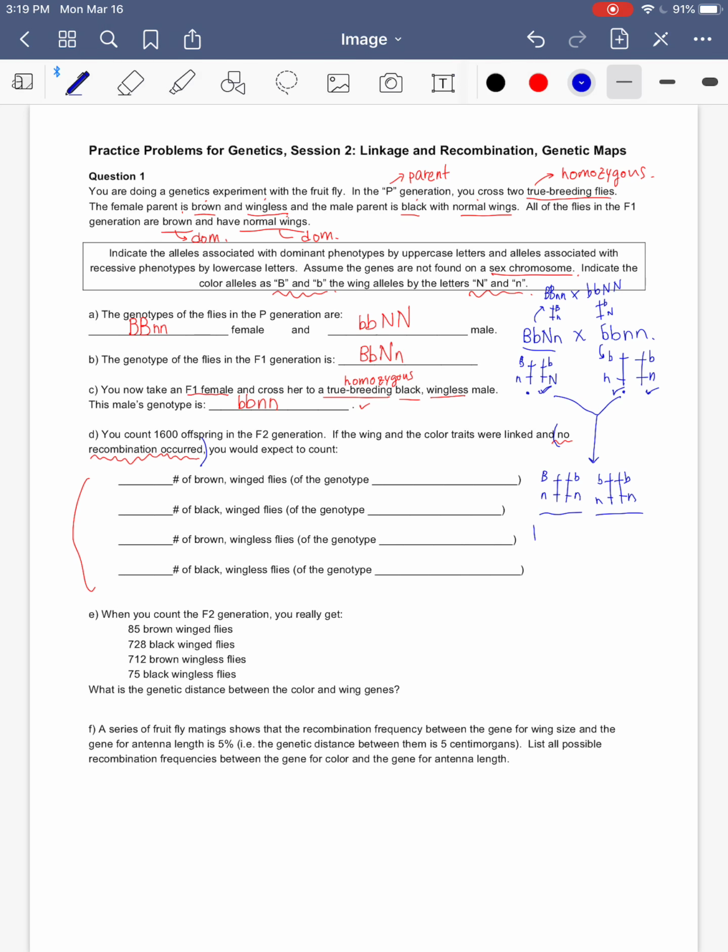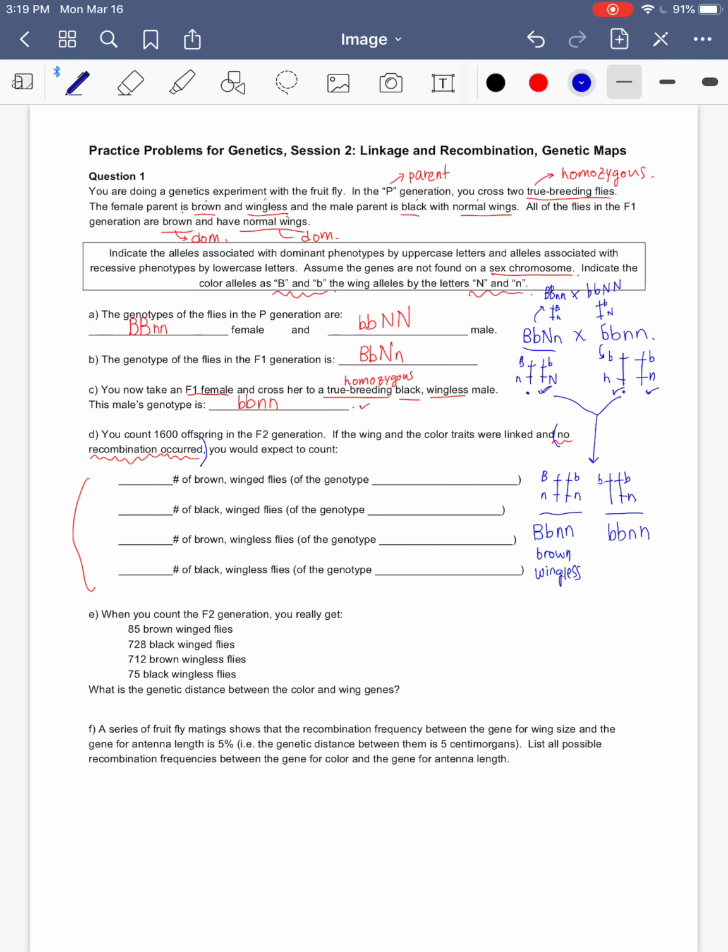So this genotype is heterozygous for color and homozygous recessive for wing. And this is homozygous recessive for both. So this is brown and wingless, or oops, I'm sorry, I think I made a mistake here.